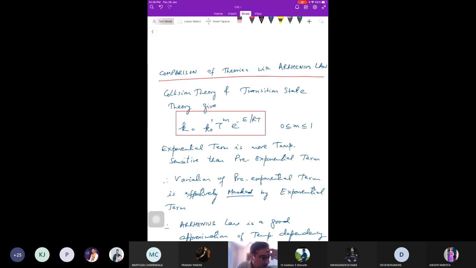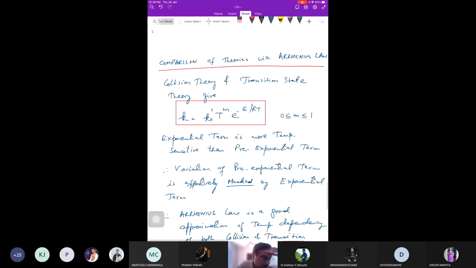So collision theory and transition state theory, generally equation comes in this form: K equal to K naught prime, temperature raised to the power of m, e raised to minus E by RT, where m is between 0 to 1. So exponential term is more temperature sensitive than pre-exponential term. This term, because it is exponential, is more sensitive, whereas this term is not so sensitive.